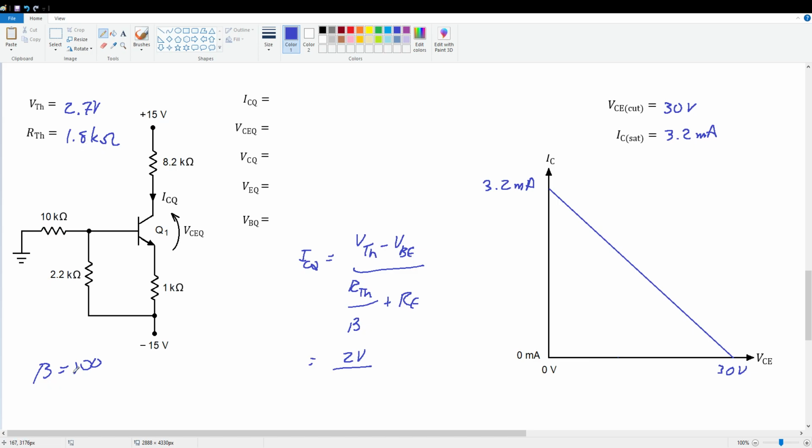So 1800 divided by 100 is 18, plus 1000 is 1018 ohms. That gives us an ICQ of 1.96 milliamps. Let's just call that 2 milliamps. So this circuit is going to have ICQ of about 2 milliamps.